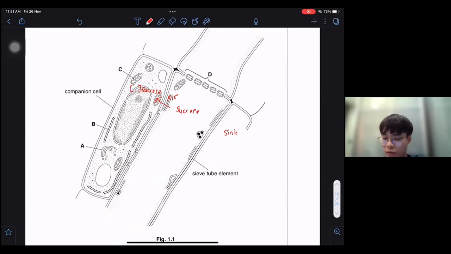After unloading sucrose, the water potential of the sieve tube will increase back. The water will move out through osmosis from the sieve tube to the sink. This lowers the hydrostatic pressure at the sink, and this difference in pressure will cause the fluid containing sucrose to continue flowing from source to sink. Yeah, that's all for the recap.